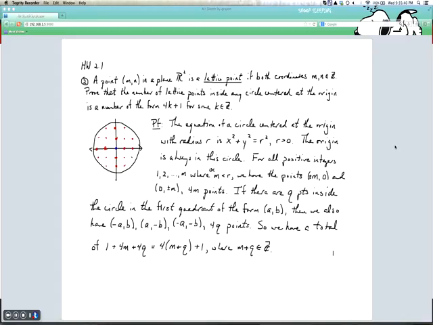Okay, and that's what you had to show. QED, put your little box, whatever it is, there you go.